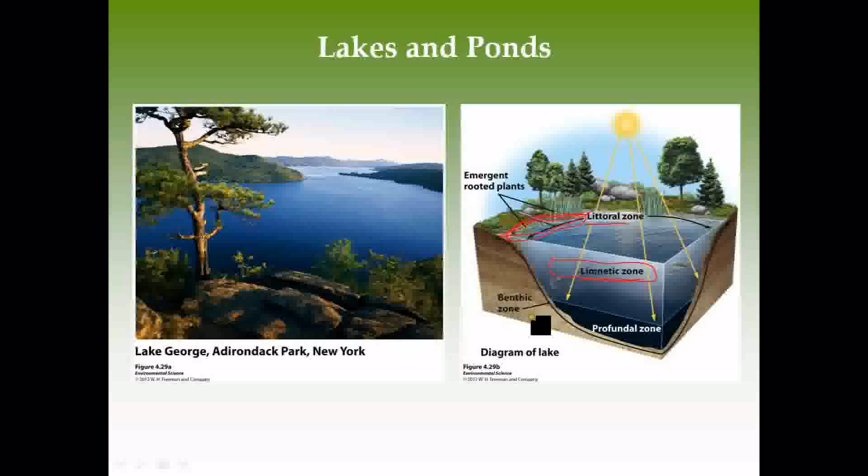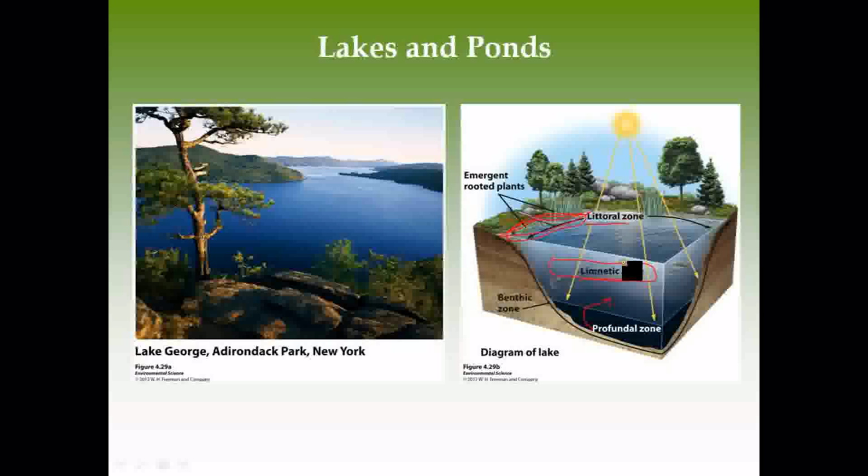The benthic zone is the deep, deep water, the deep area. In fact, it's really the muddy bottom. So the profundal zone, I wish this label was really up here, because the profundal zone is the deep water. All right, so let's get it right. The littoral zone is the shoreline.